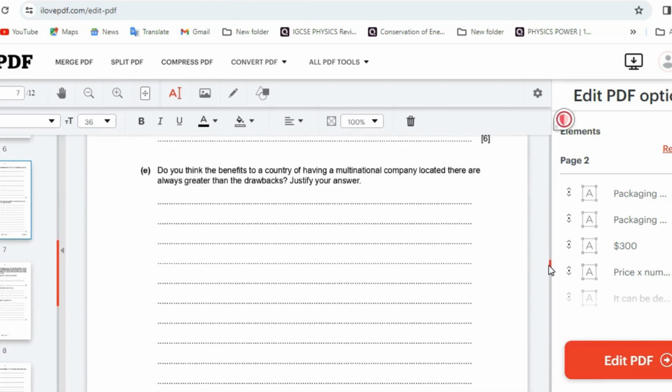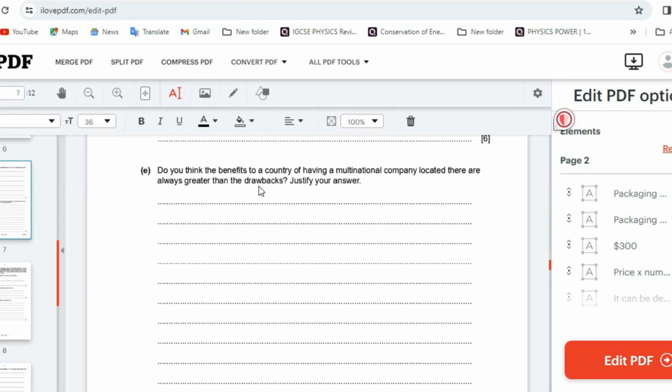Okay, let's move to the next question, which is question 3E. We have question 3E, which says, do you think the benefits to a country of having a multinational company located there are always greater than the drawbacks? Justify your answer. Here you have to identify some benefits and also some drawbacks, that is the limitations.